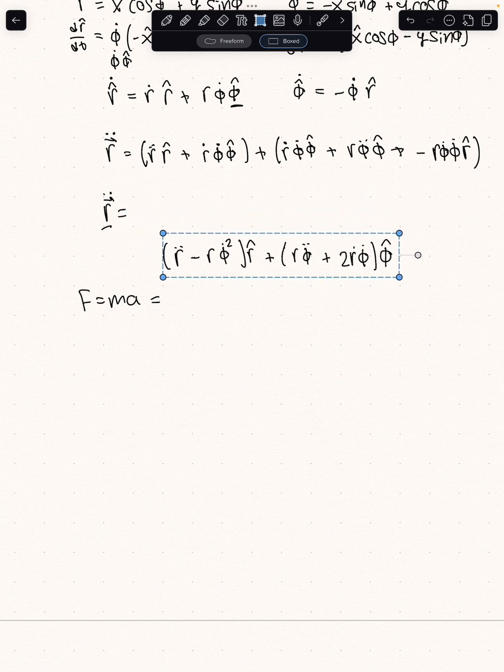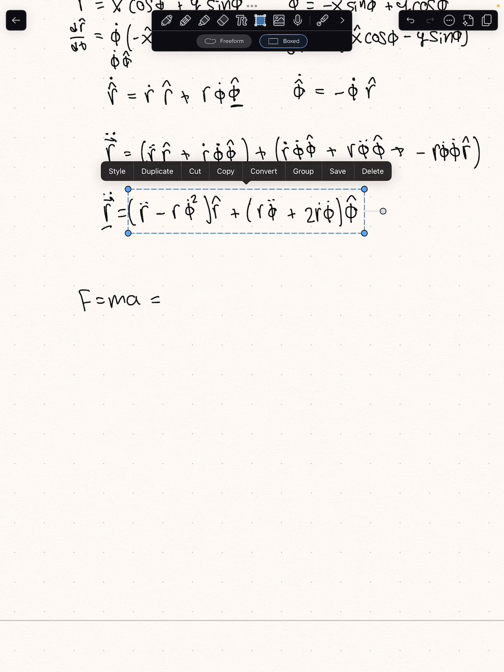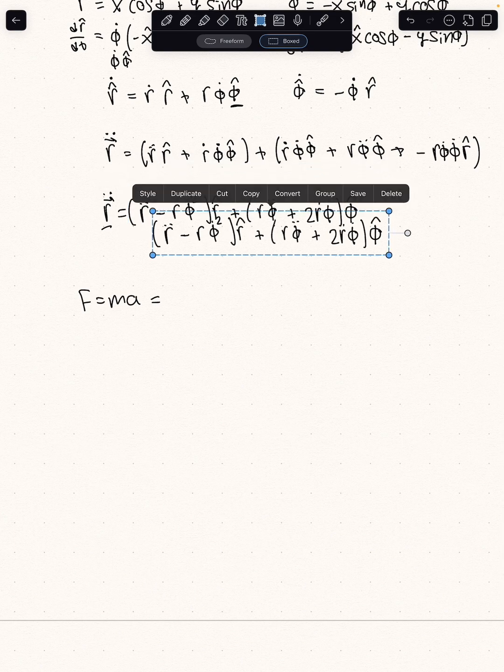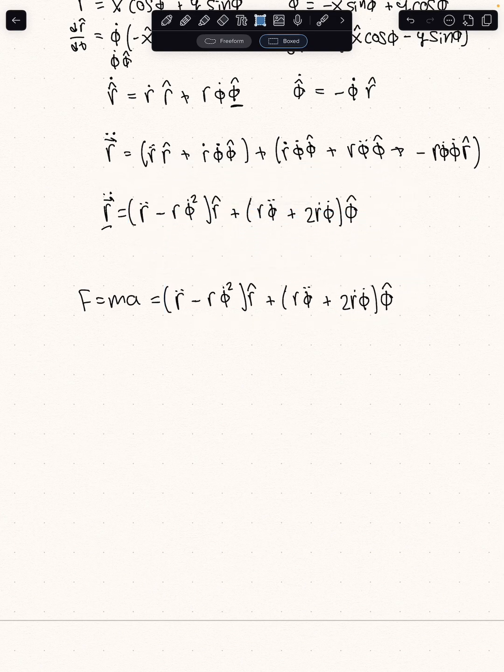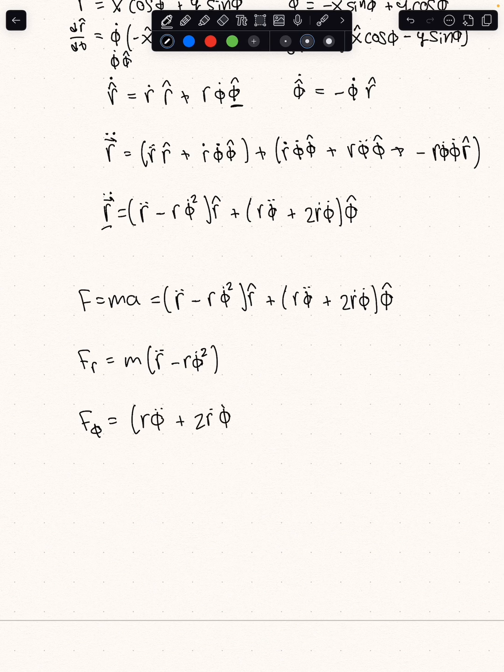We can split this up. F in the r direction should be m times r double dot minus r phi dot squared. F in the phi direction is going to be equal to m times r phi double dot plus 2 r dot phi dot.